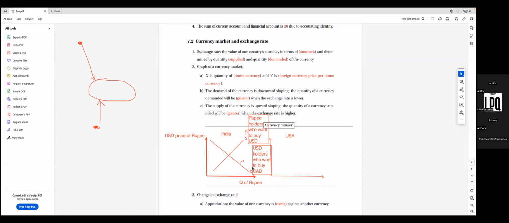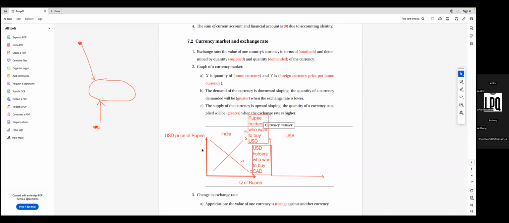And then you can understand why the demand curve is downward sloping. When the USD price of rupee decreases, Americans will suffer from the so-called depreciation of USD. No. If the USD price decreases, Americans buy more, not less.